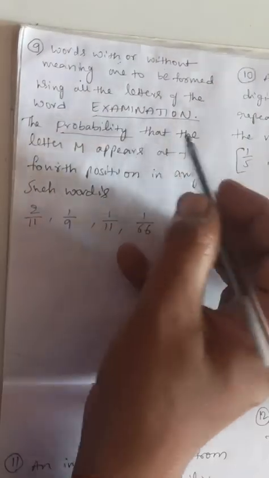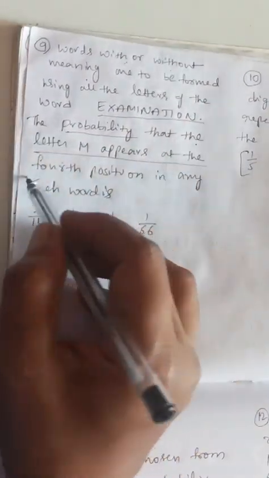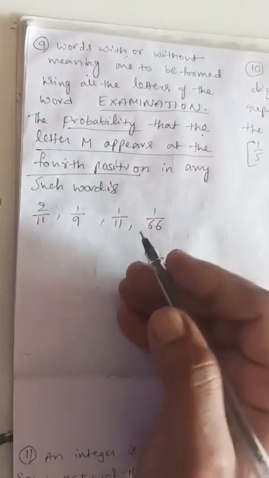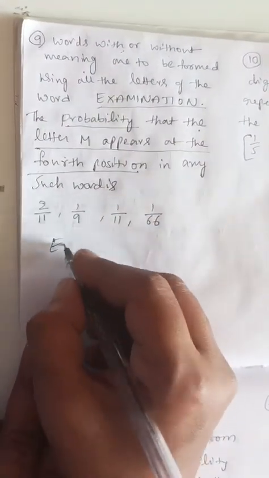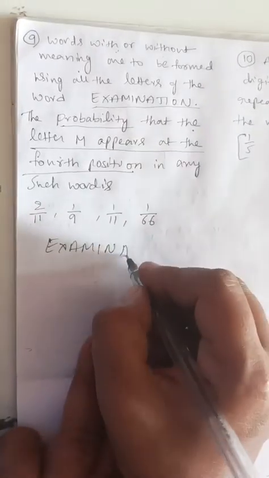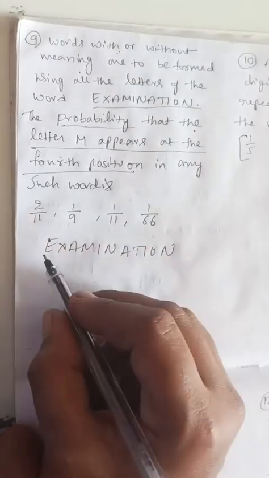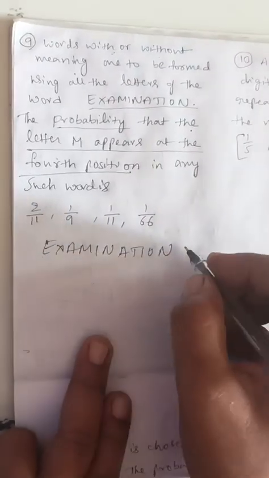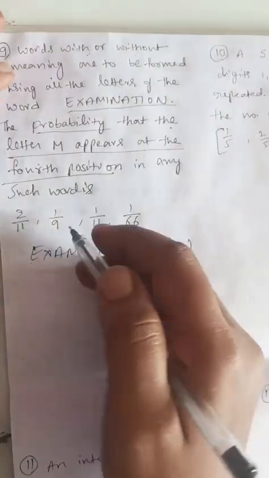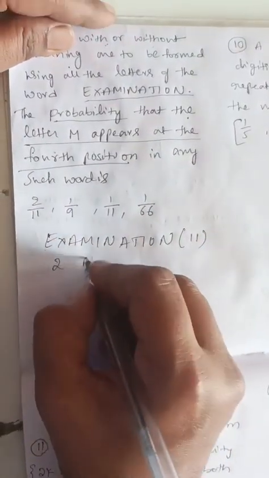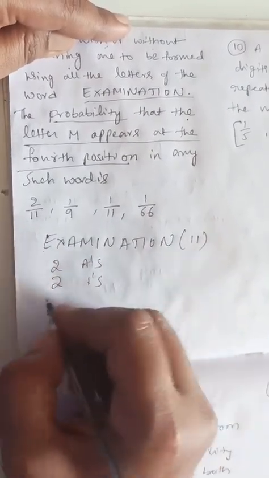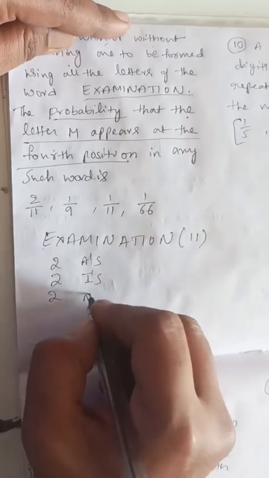Here the given word is examination, and this word has 11 letters. Totally this contains 11 letters. In these 11 letters there are 2 A's, 2 I's and 2 N's.